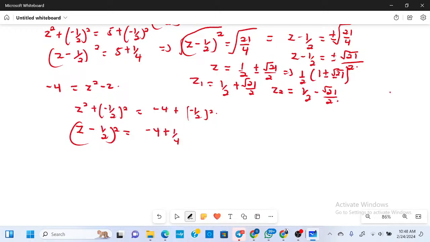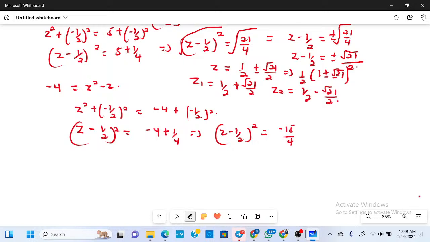And I'll simplify this. Z minus half all squared is equal to negative 4 by 4 is negative 16, then plus this one will give me negative 15 all over 4, right?